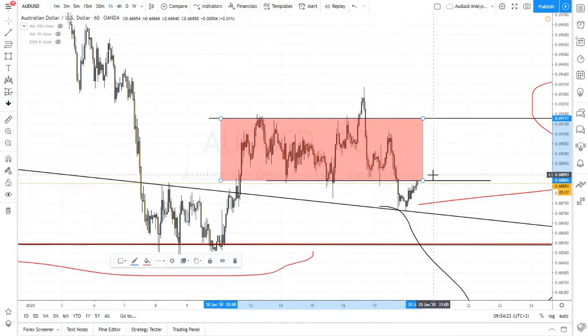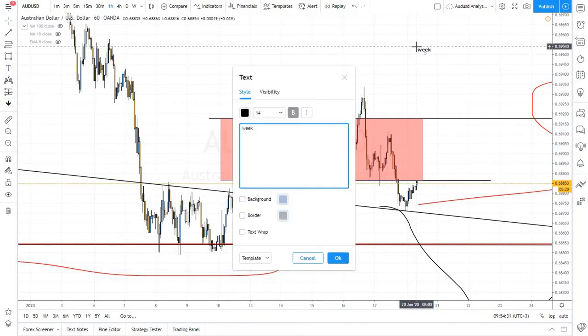We know overall on the weekly, like we've said, let's write it down. Weekly is bearish, but there is a trend line. Then on the daily, they're bullish, bullish overall.